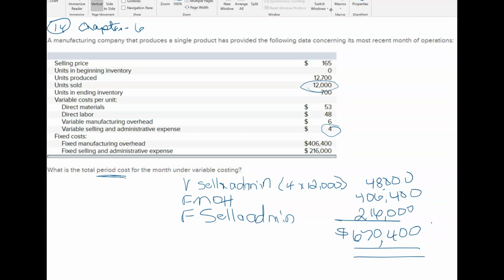We're looking for the period cost. So this is not the product cost, but the period cost, what is not associated with the product. Now the next one we're going to do is actually the absorption costing. Actually, no, it's the product cost. I'm sorry, then the absorption costing.